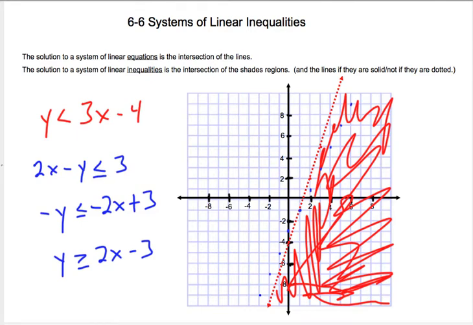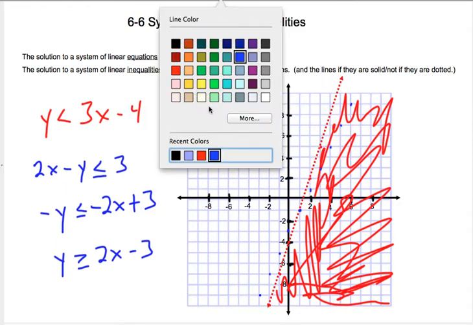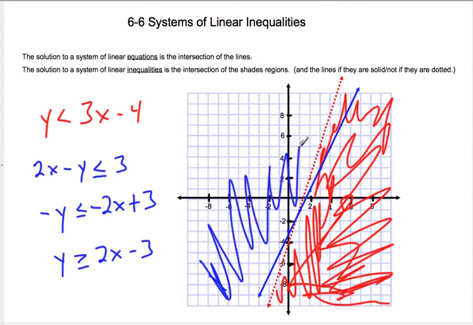Now this is going to be a solid line because it has the or equal to part there. Solid, and let's make that blue. Okay, so that goes from here all the way up here. And then the shading is going to go above because 0, 0 works. 0 is greater than negative 3. So the shading is everything on this side.